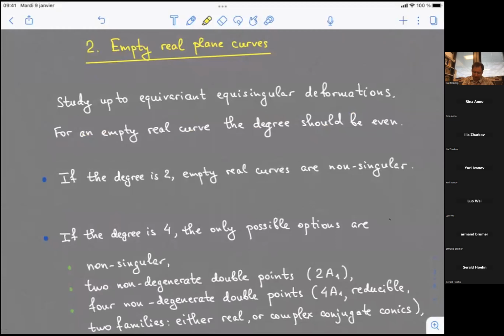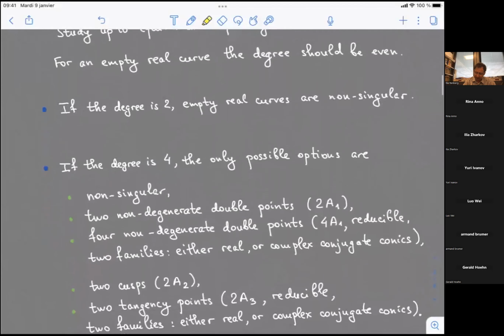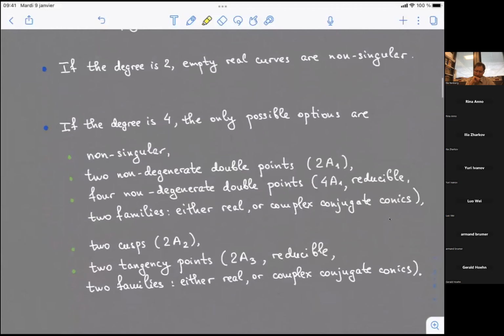You will not get real singularities, and as I said, perturbing this path you can avoid complex singularities. So in the case of degree 2, everything is simple. In the case of degree 4, things are a little bit more complicated, but still simple. So here is the complete list of options.